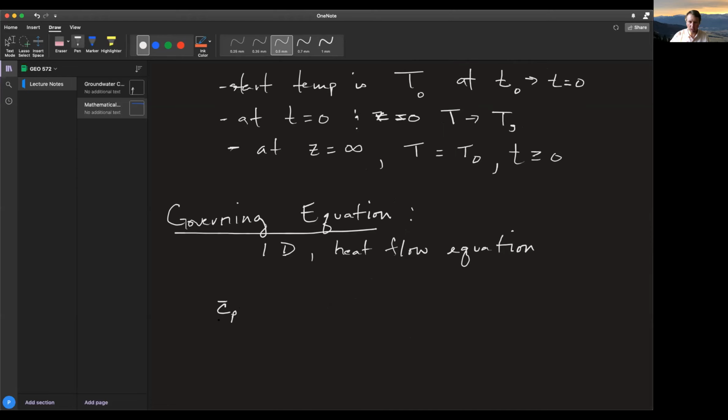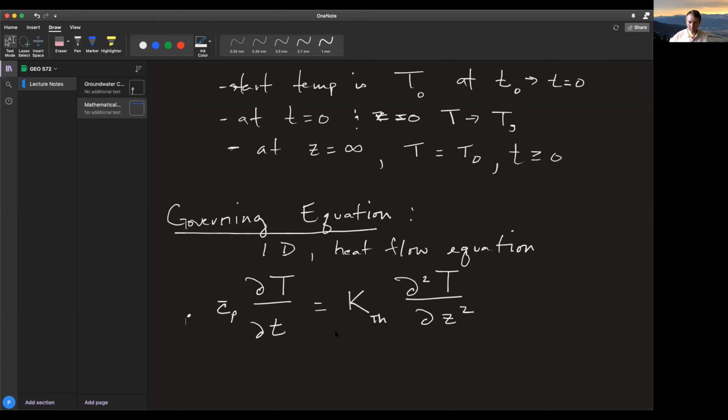That means how many joules of heat do I need to change the temperature 1 degree. dT, all right? The change in temperature with time is equal to K_th d squared T dz squared.